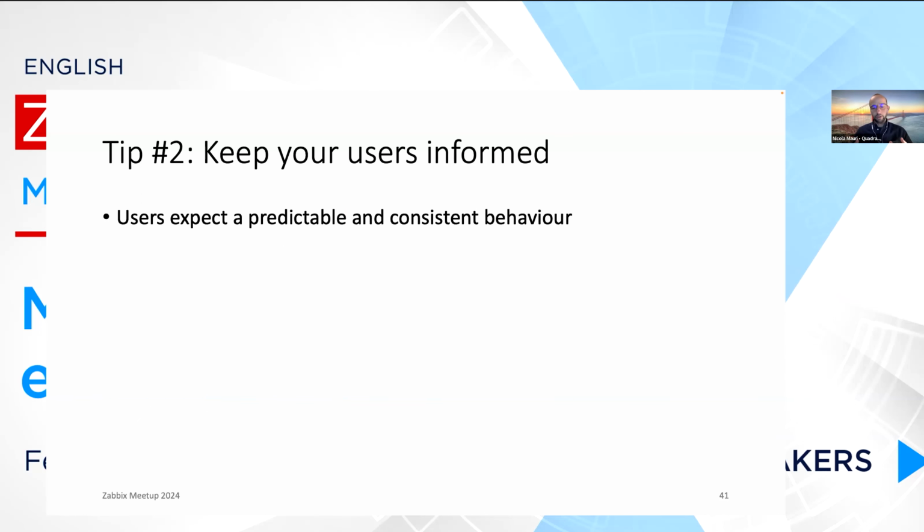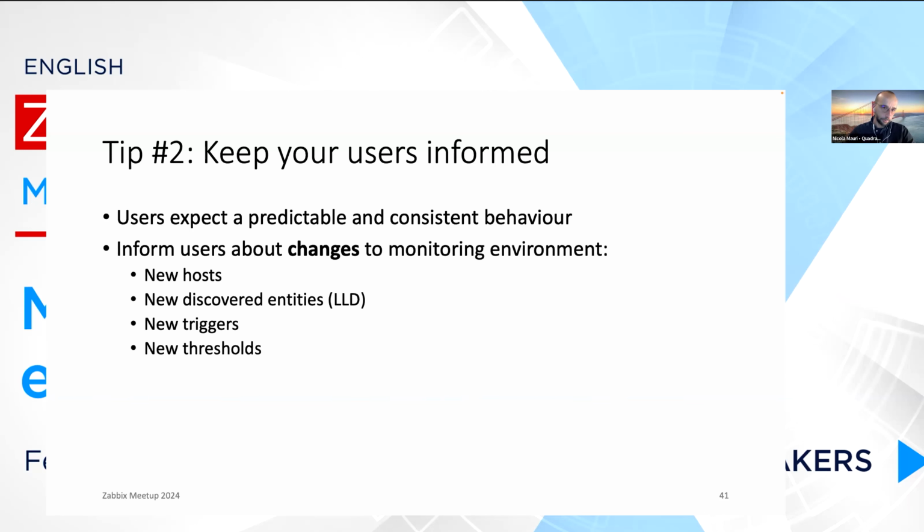So if that trigger fired at that threshold, they expect that the threshold is fixed, is static, and if you change something, you will probably need to inform them. So inform users about changes to the monitoring environment. I know that this is very time expensive, but if you have many users, this is very important, it's crucial.